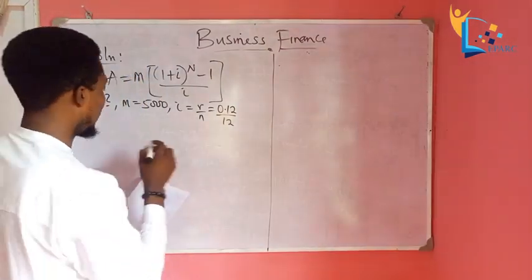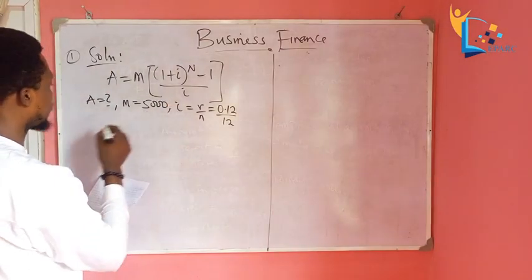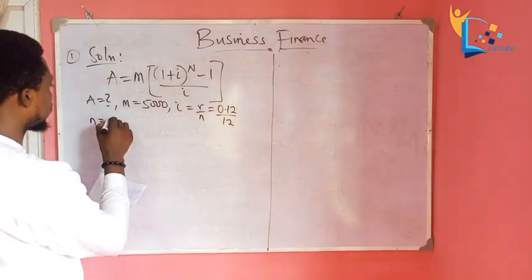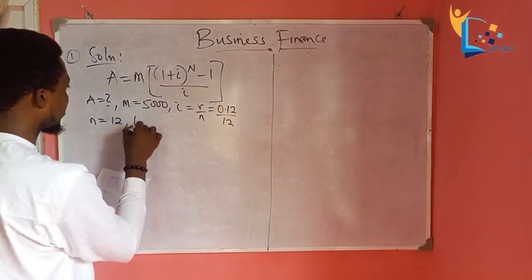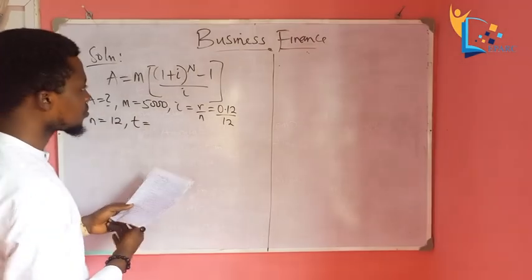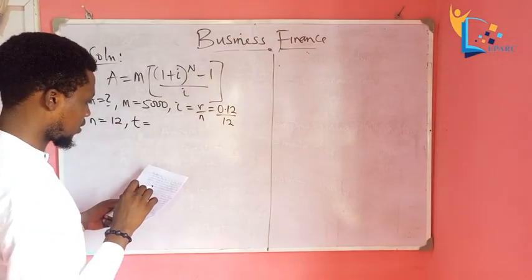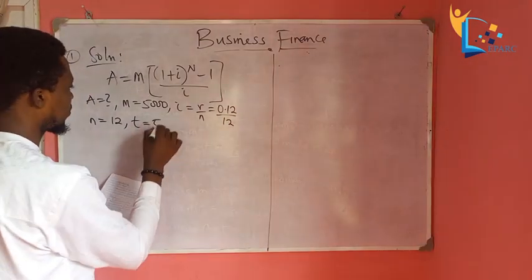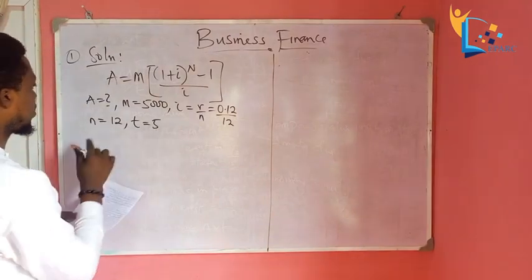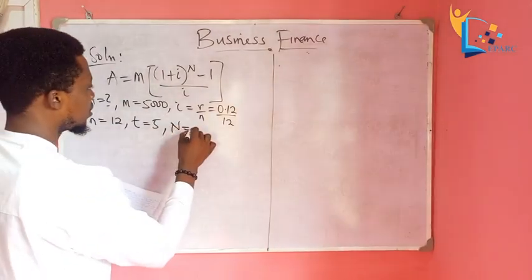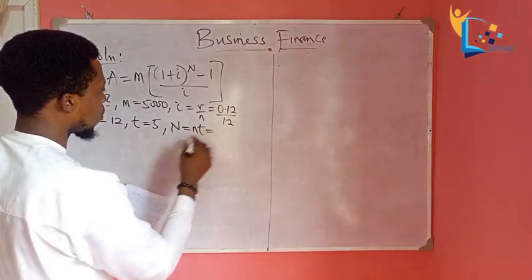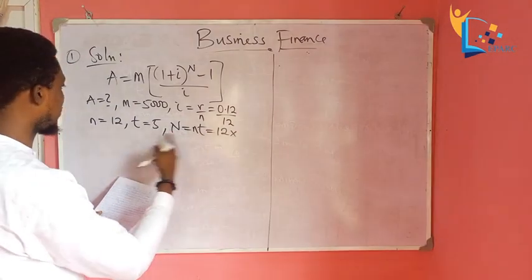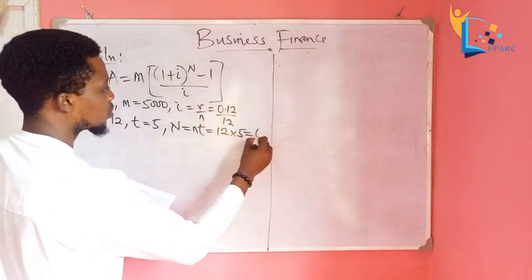Then, what else are we looking for? The big N. Our small n here is 12. T here is 5 years. So our big N would be n times T, which is equal to small n, 12, times T here, 5, which is equal to 60.